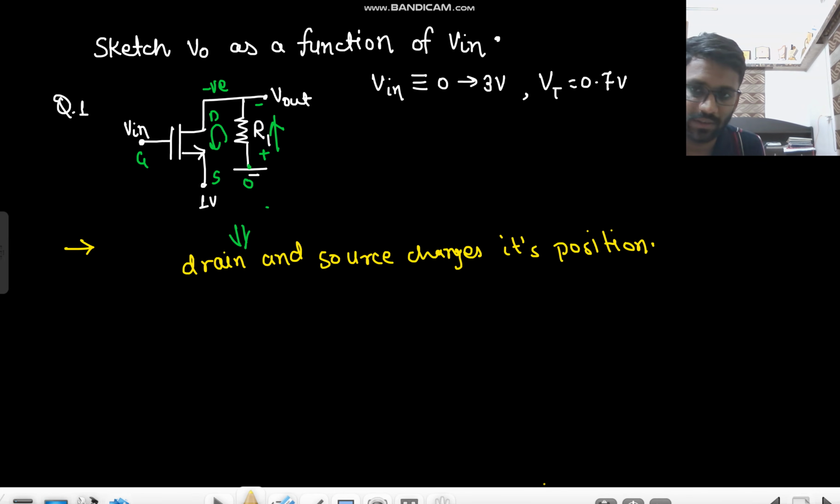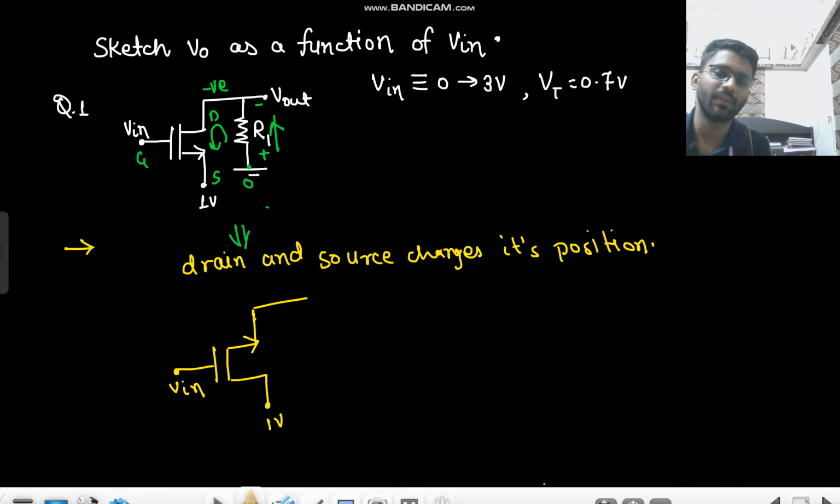So the upper one is the source now, and the lower one is the drain. So this is the drain now. This is gate. Here we have V in. Then this output. So current direction from drain to source. From drain to source. Okay. And this is the scene we have.